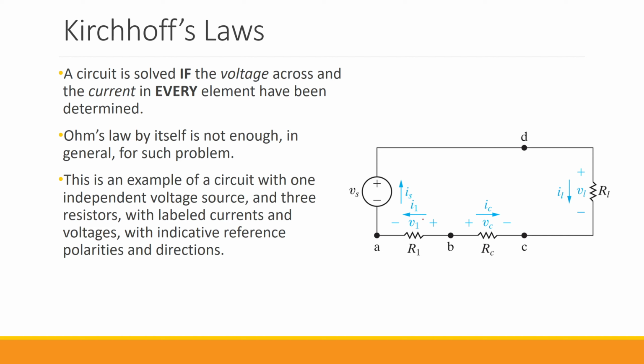Since resistors usually consume power, I put their reference direction for the current in the direction of the voltage drop, so the power that we calculate for them is going to be positive.